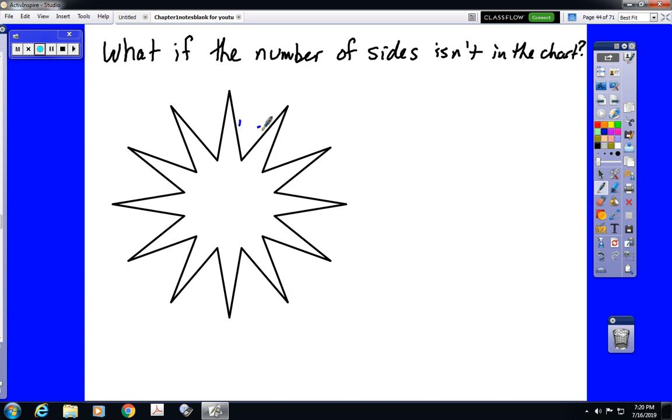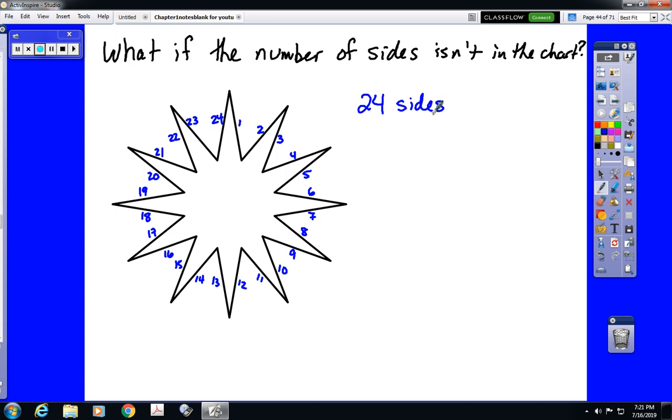We have 1, 2, 3, and so on, up to 24 sides. Now that's not in the chart.